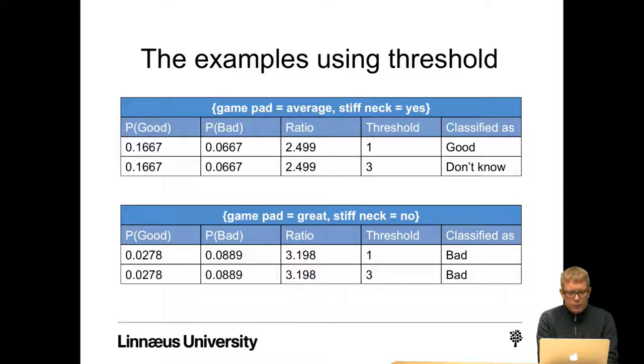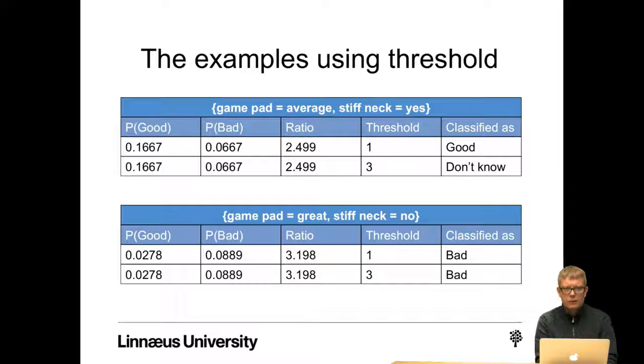Previously, the probability for the first example being in the good category is 0.1667, and the probability for it being in the bad category is 0.0667. And the ratio is around 2.5. And if we use a threshold of 1, we classify it as good because we only look at which of these probabilities is the highest.